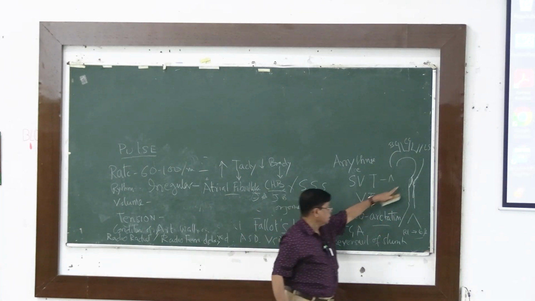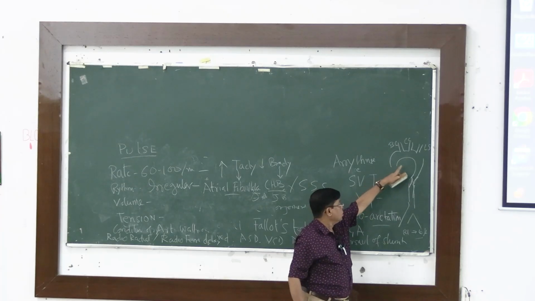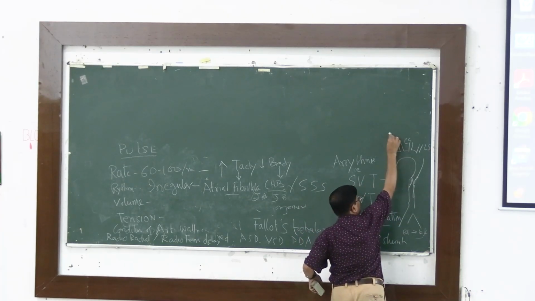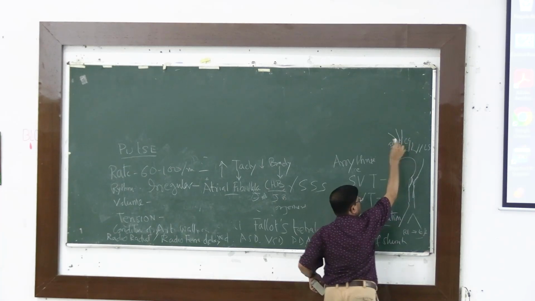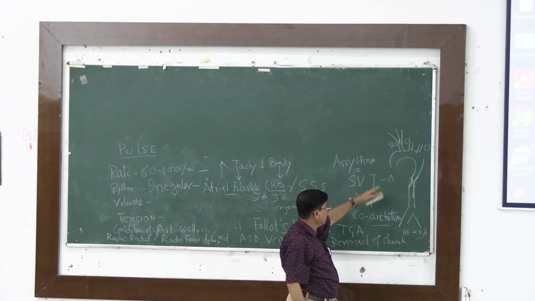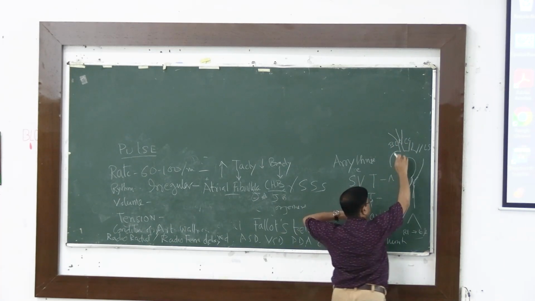So if there is a coarctation, what will you get? Your brachiocephalic is divided into the right common carotid and right subclavian, and then left common carotid and left subclavian.